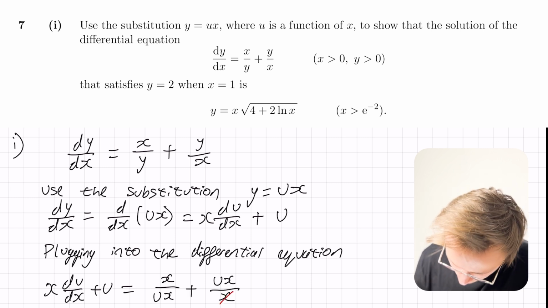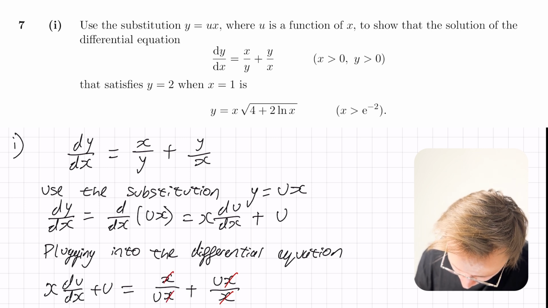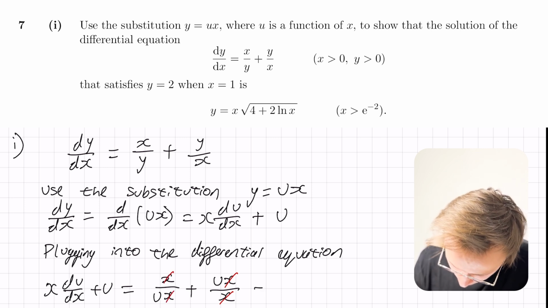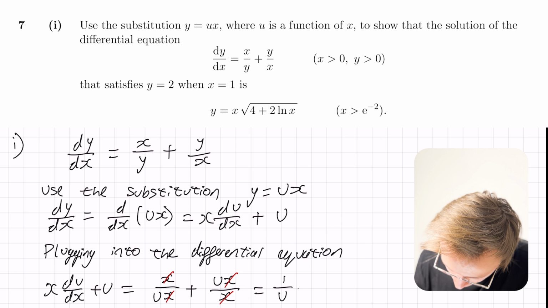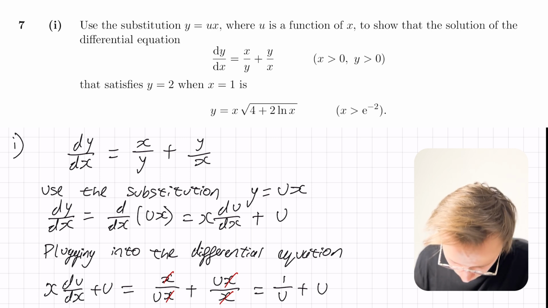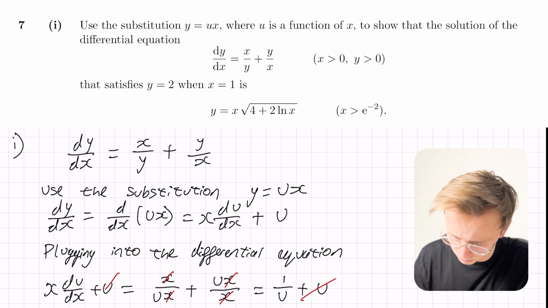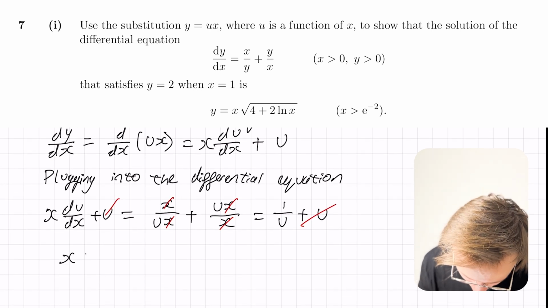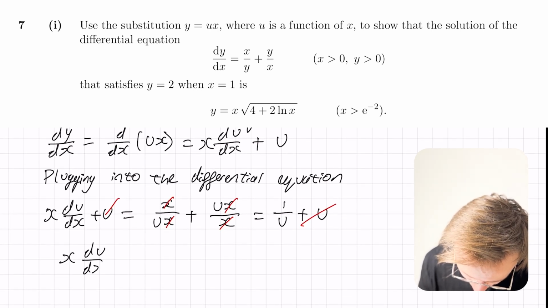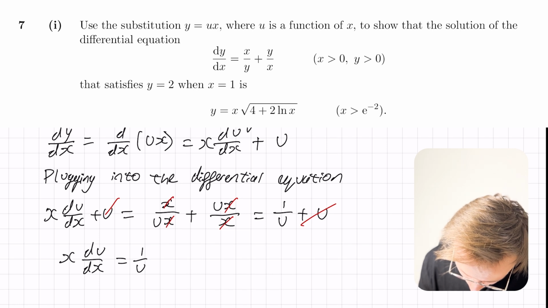So actually those two cancel and so do them. So I'm left with equals 1 over u plus u. Oh, interesting, because them two cancel. And then I'm left with x du by dx equals 1 over u.